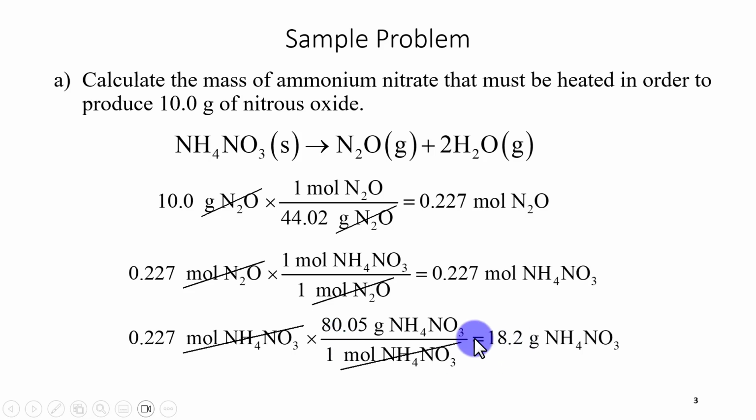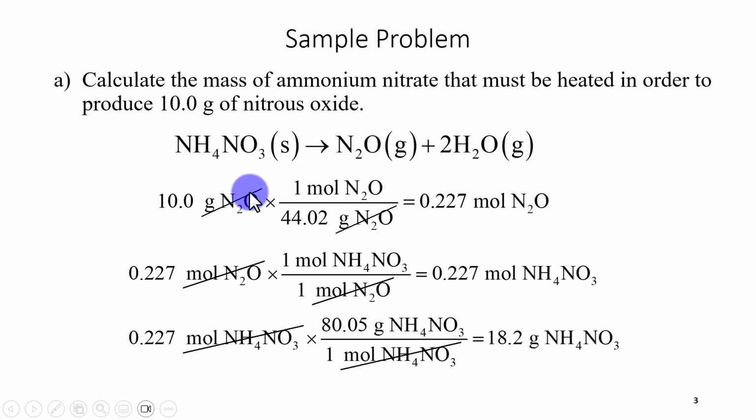If you have forgotten, please work on these and calculate them yourself and then compare them to the numbers I have here to make sure that you have done them correctly. My moles of ammonium nitrate cancel out, leaving me with grams on top. 0.227 times 80.05 divided by 1 gives me 18.2 grams of ammonium nitrate.